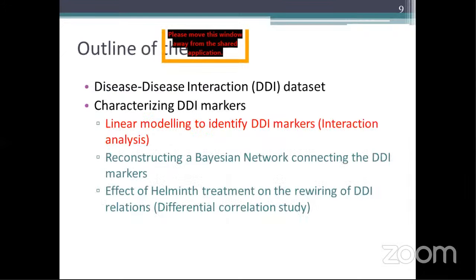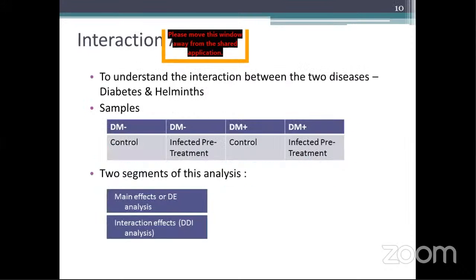Now let's look at the interaction analysis. The main aim here is to understand the interaction between the two diseases, diabetes and Helminths, and also to identify important markers that are involved in disease interactions. So basically different linear regression models are built to conduct such interaction analysis.